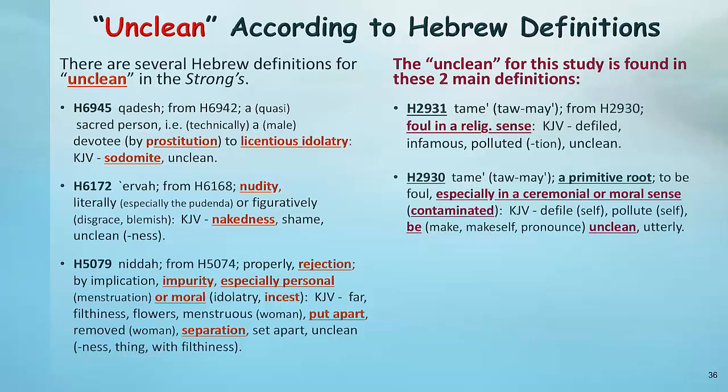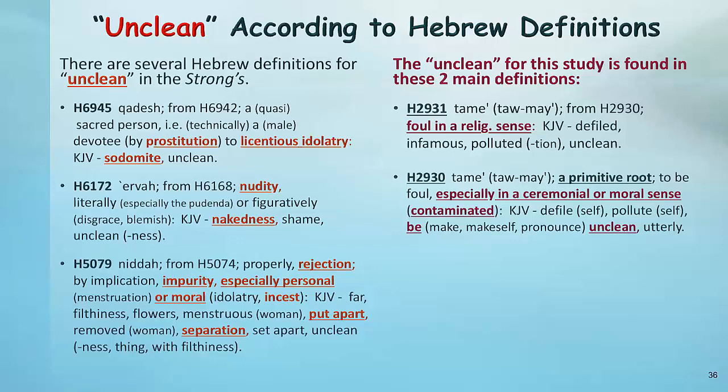We're comparing this to Yahusha. Does he match any of these definitions, and who is talking about either one of these? So another set of definitions is 2931, tameh. It means foul in a religious sense, defiled, infamous, polluted, and unclean.